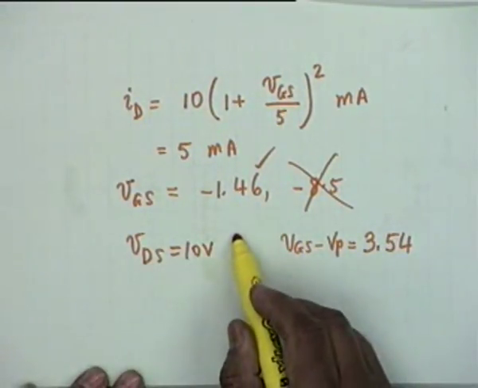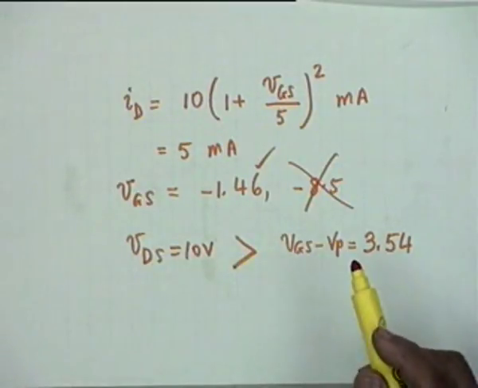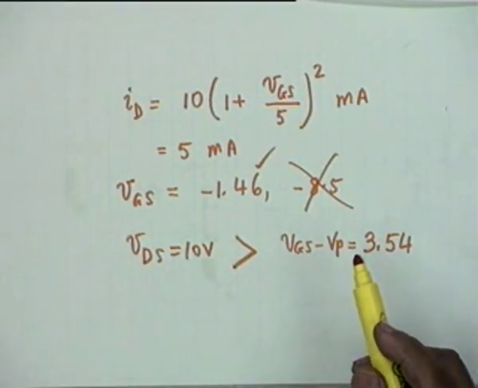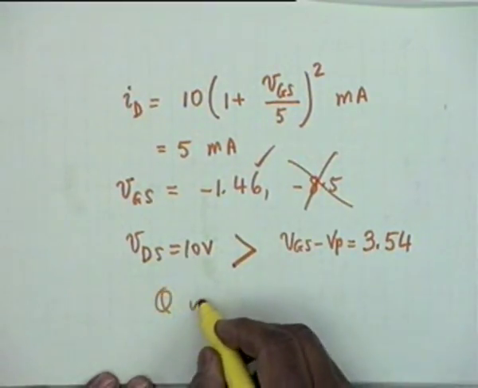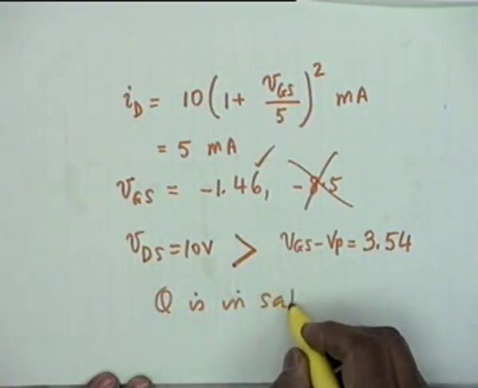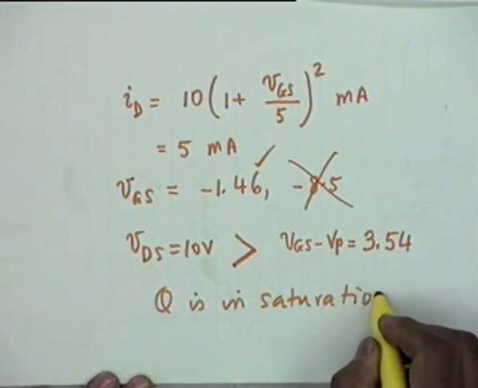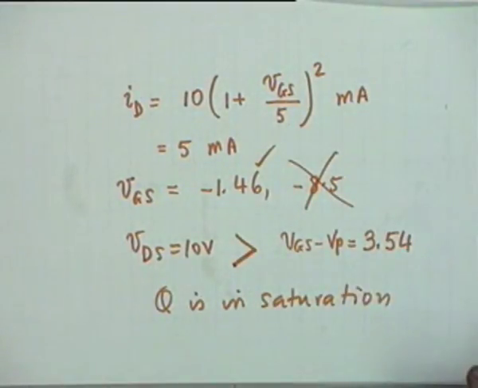And VDS is greater than this quantity, therefore the transistor is in the saturation region. So Q is in saturation. This must be verified, otherwise this relationship shall not be valid. This is valid only in the saturation region. So Q is in saturation.